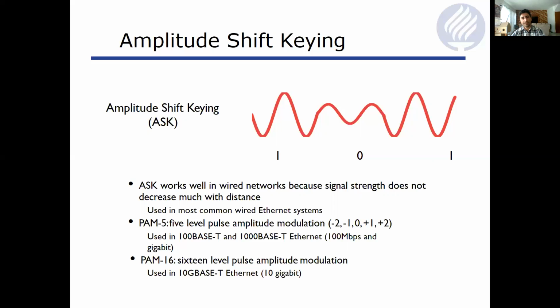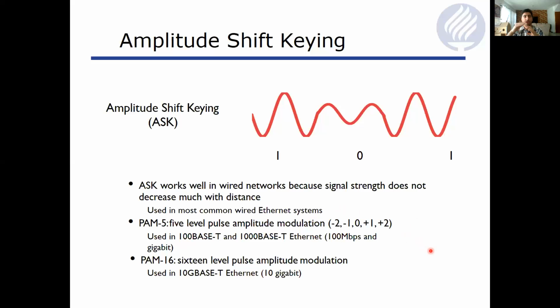For example, 100BASE-T and 1000BASE-T, which represent 100 megabit per second and gigabit per second Ethernet, are using something called PAM5. PAM5 means we have 5 different levels of amplitude modulation.